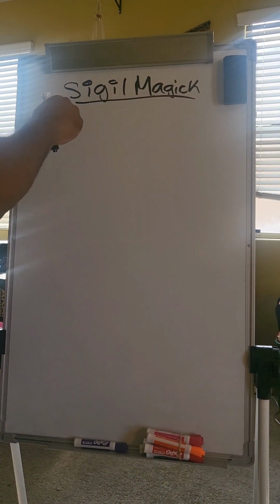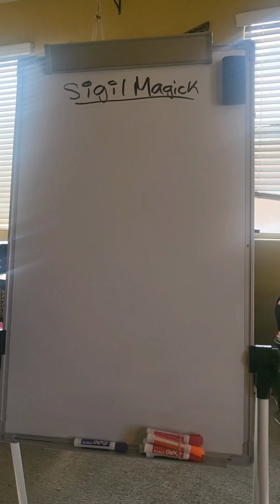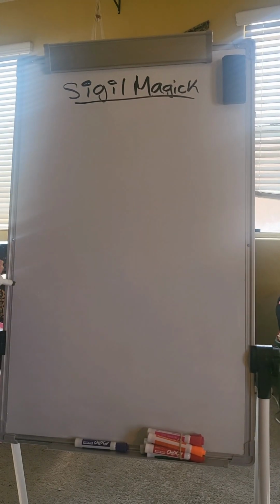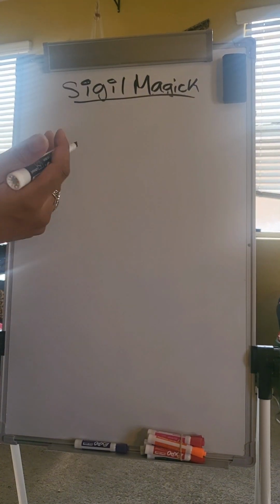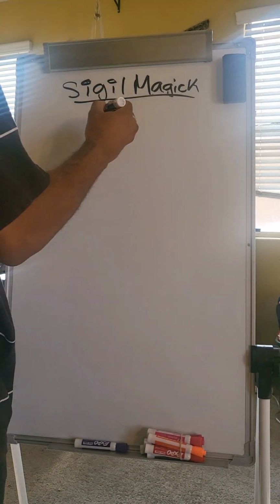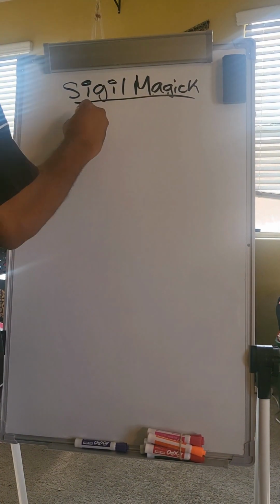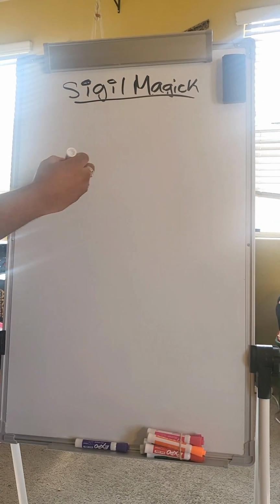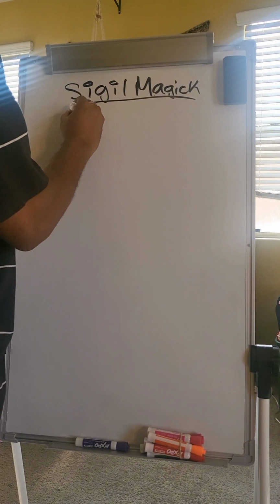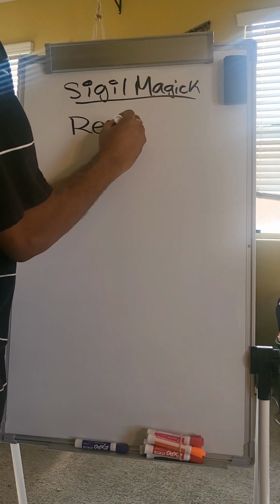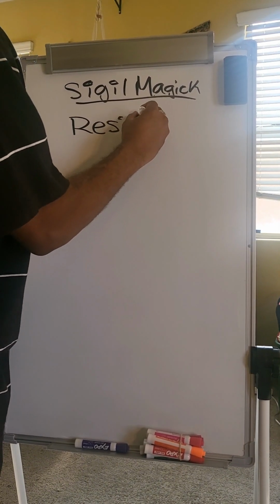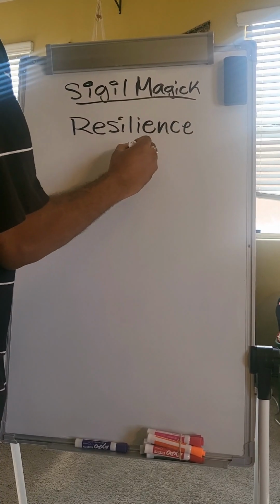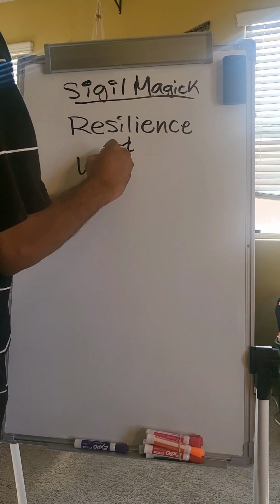Okay, so we understand what sigils are now. Let's go into this. So we're going to take a word, okay? Something you want to manifest in yourself more, right? So how about we say resilience and willpower.